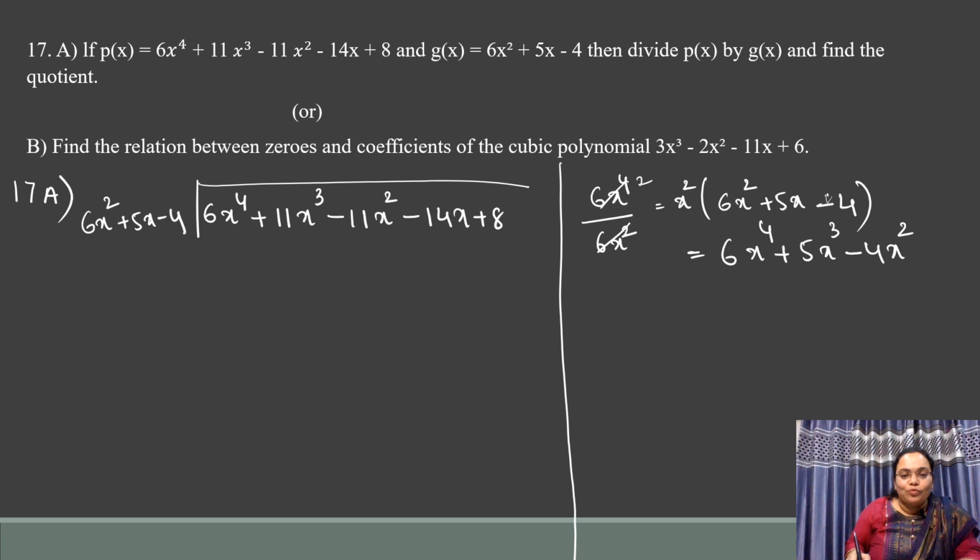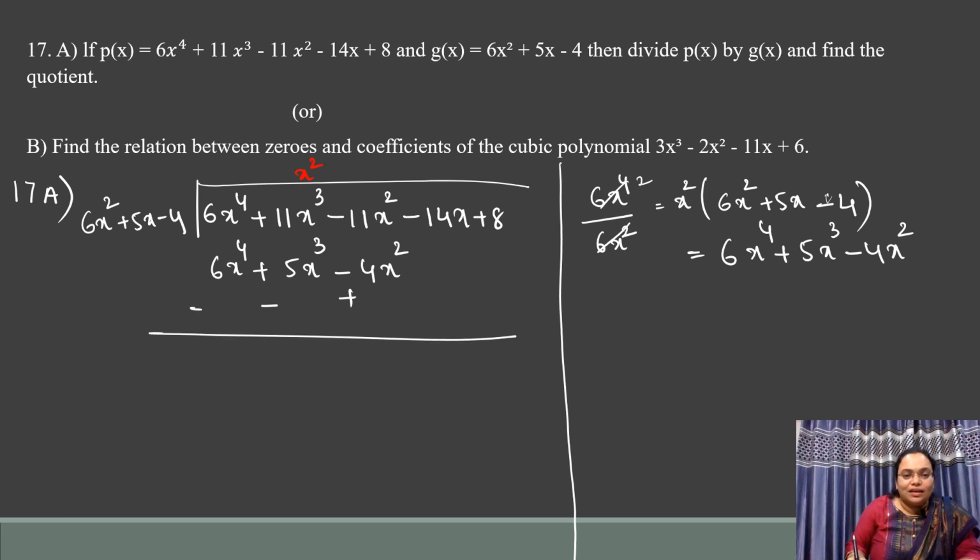So the first term of q of x is x square. The remaining, write it here, 6x power 4 plus 5x cube minus 4x square. So changing the signs, this will get cancelled. This will be 6x cube minus 7x square minus 14x plus 8.